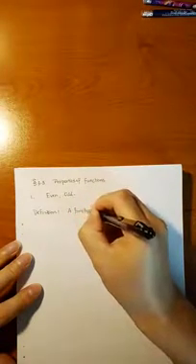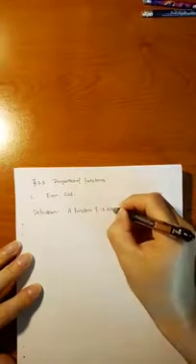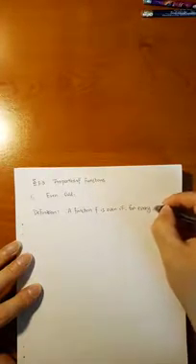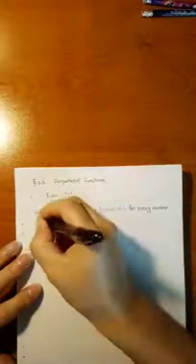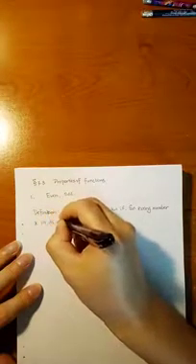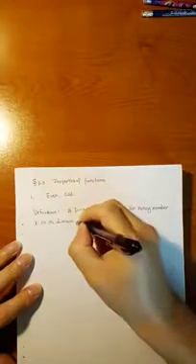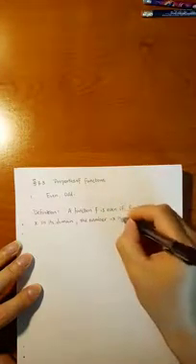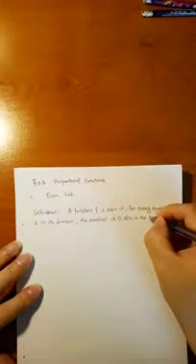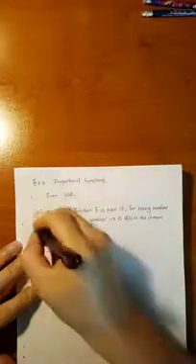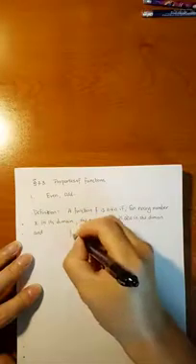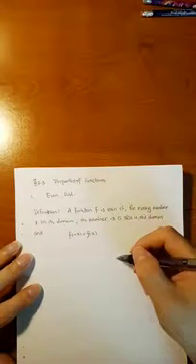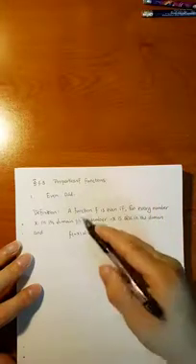A function f is even if for every number x in its domain, the number negative x is also in the domain and f of negative x is equal to f of x. Okay, so this is the even function.